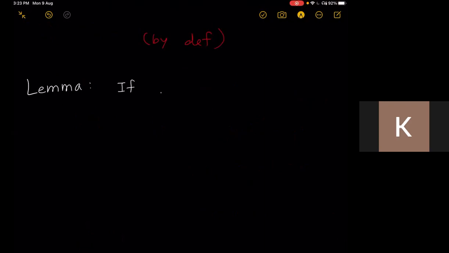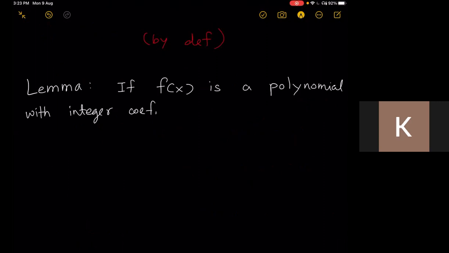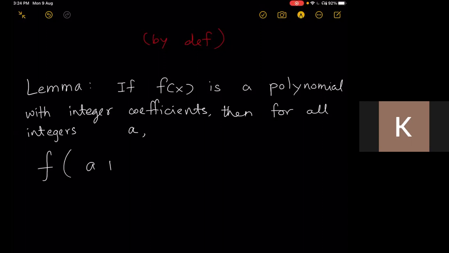If f(x) is a polynomial with integer coefficients, then for all integers a, f of a plus f(a) is a multiple of a.